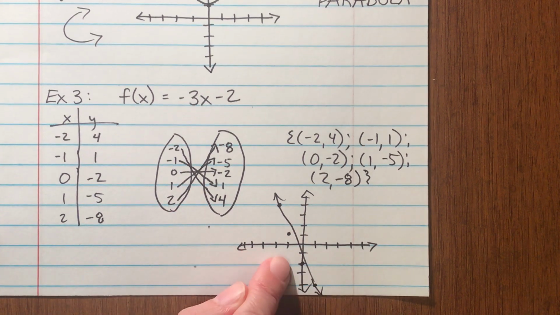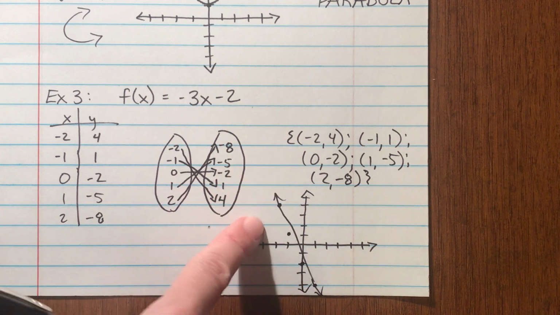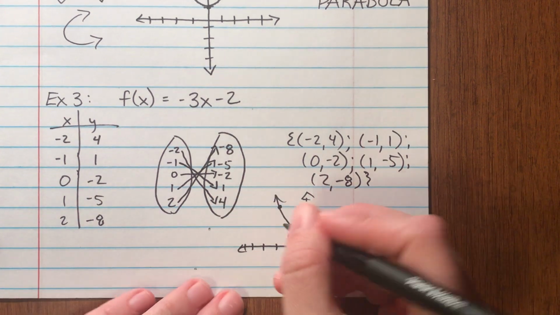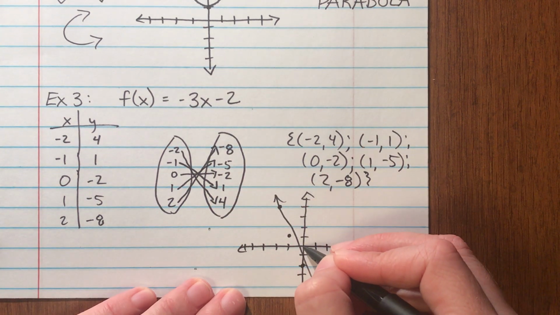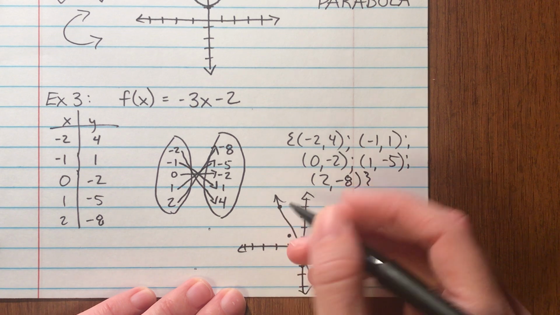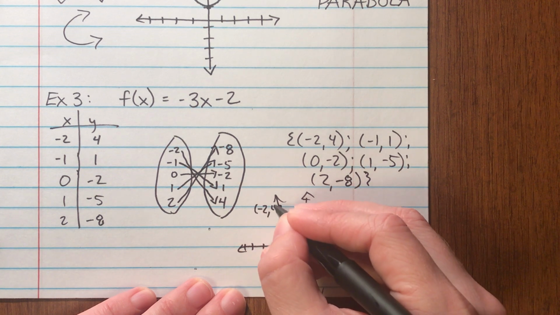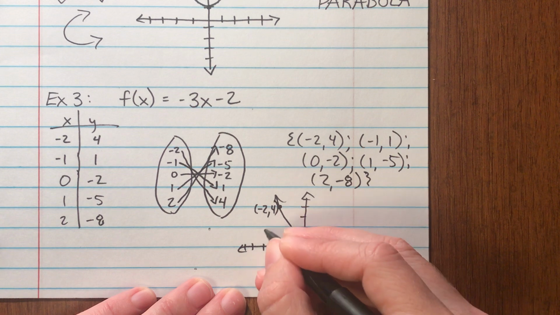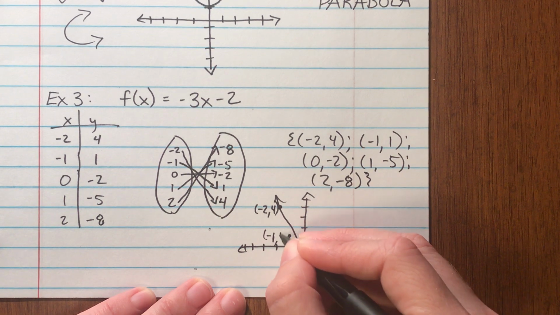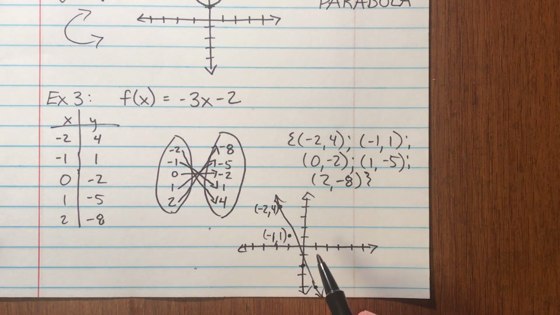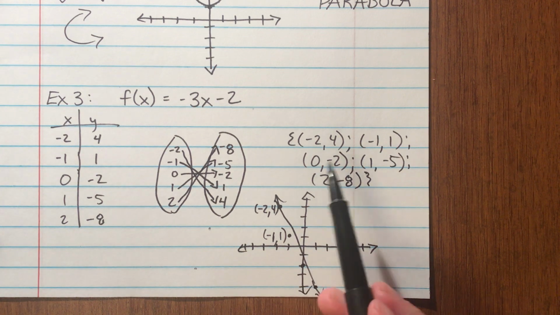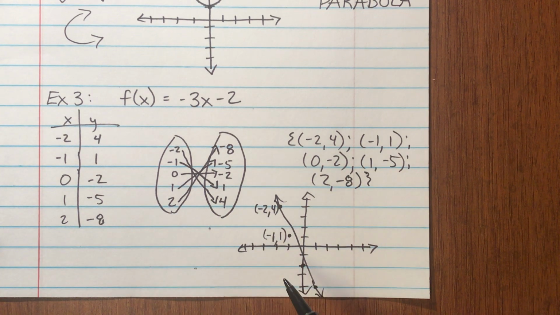Even if you start with a graph, if you're given a graph and you're asked to match it to some ordered pairs, you're probably going to need to go through and actually pull out the points and say, hey, there is the point -2, 4, and you may have to label them or write them down. This is -1, 1, to actually get some points off of the graph to match it to some of these things.